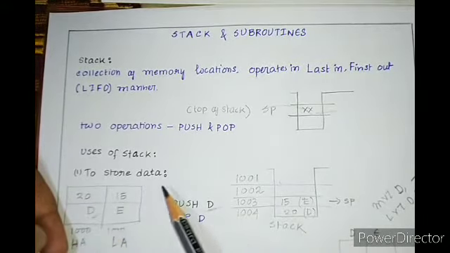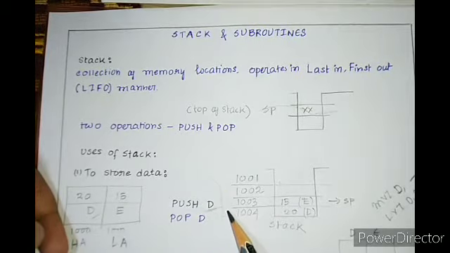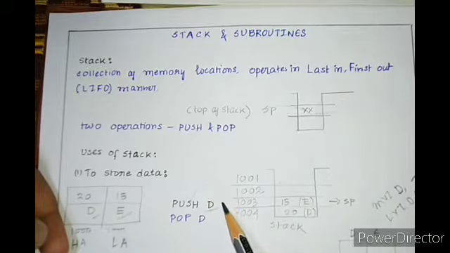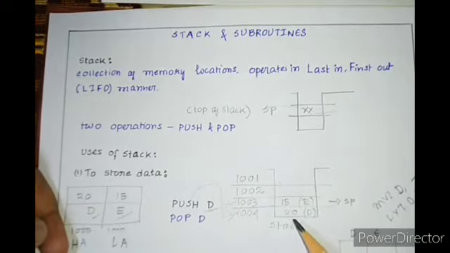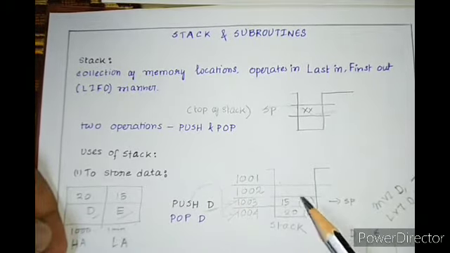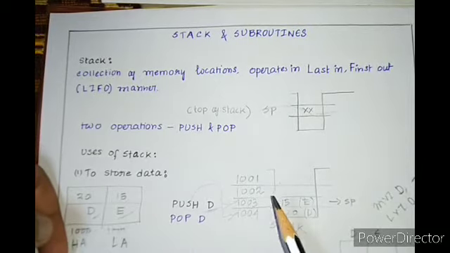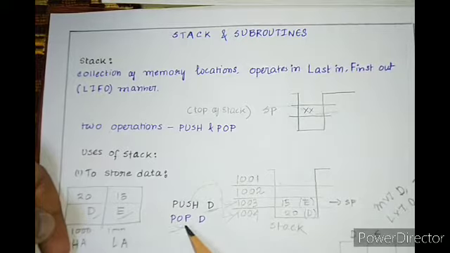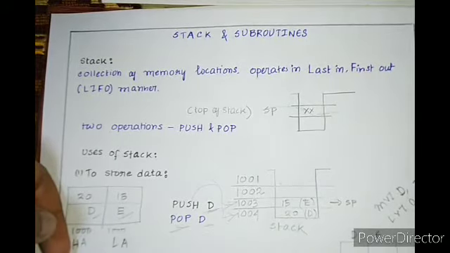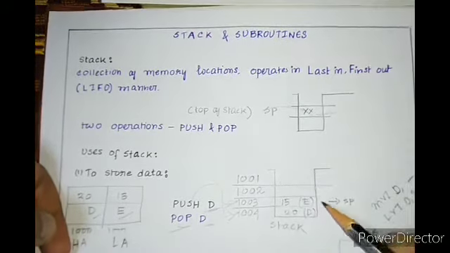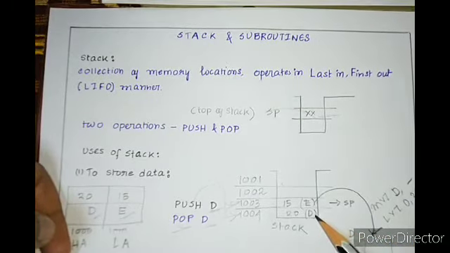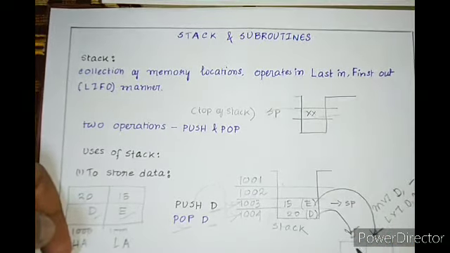First the data from the D register will get stored at the higher address, then the data of the E register will get stored at the lower address. This is how we can store data in stack. Now if we want to get the data out, then just simply perform pop D. Then first the data E will get out and will get stored here. Second, data D will get out and stored here.